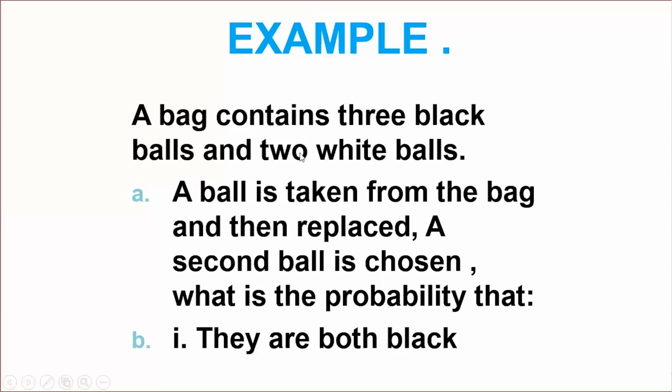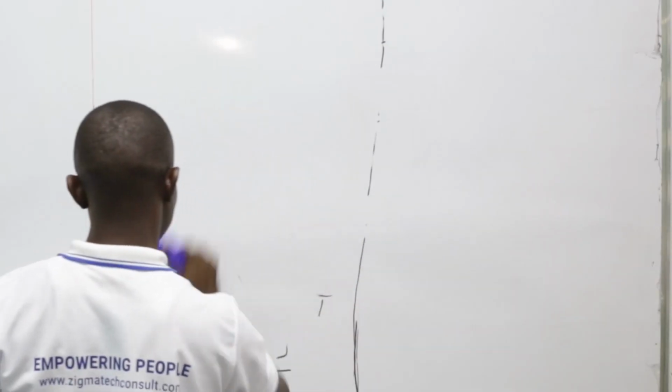This one, the first ball was taken. The question is not without replacement. The question is with replacement, because they say it is replaced. So the way you handle it, you need to be careful with the statement. A bag contains how many? 3 black balls, isn't it? And 2 white balls. First thing here, you determine the number of balls in that bag.